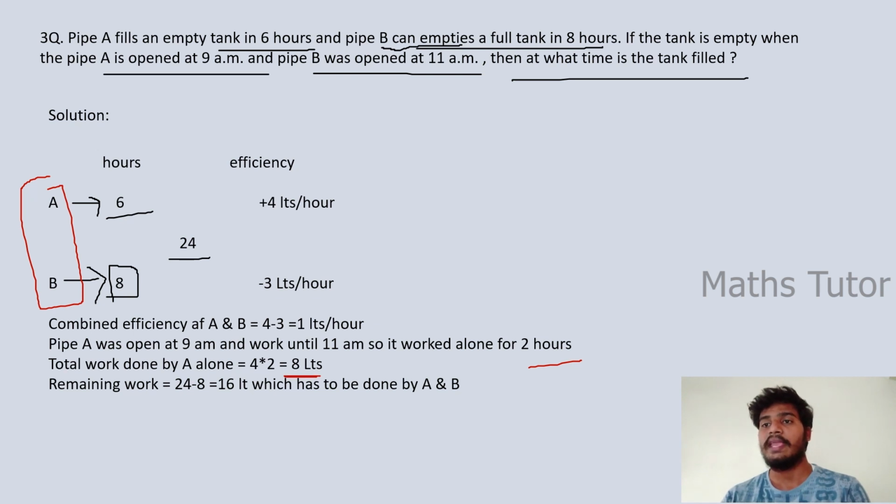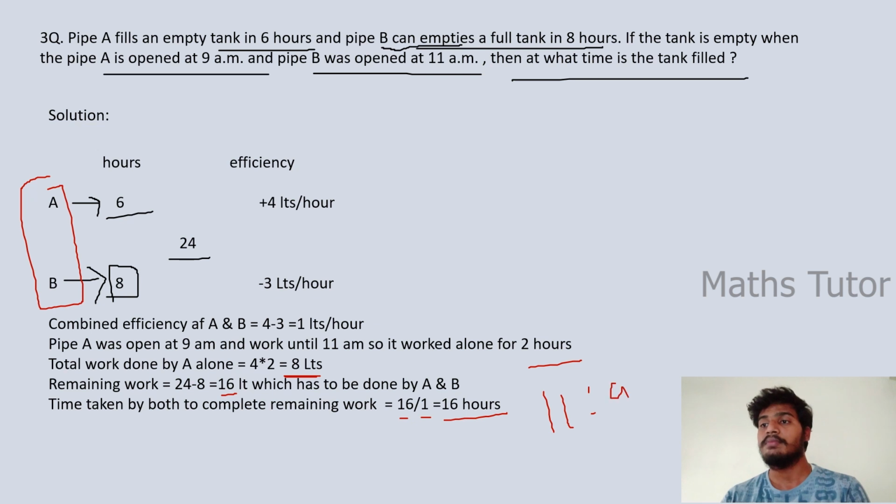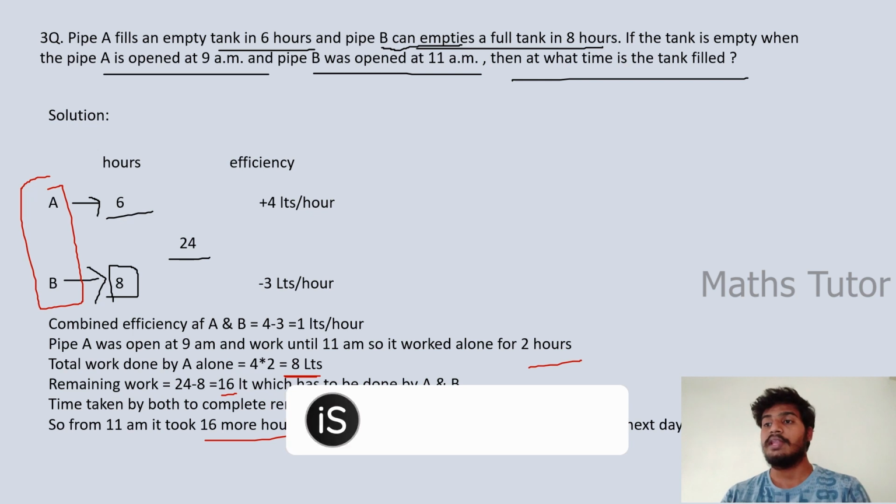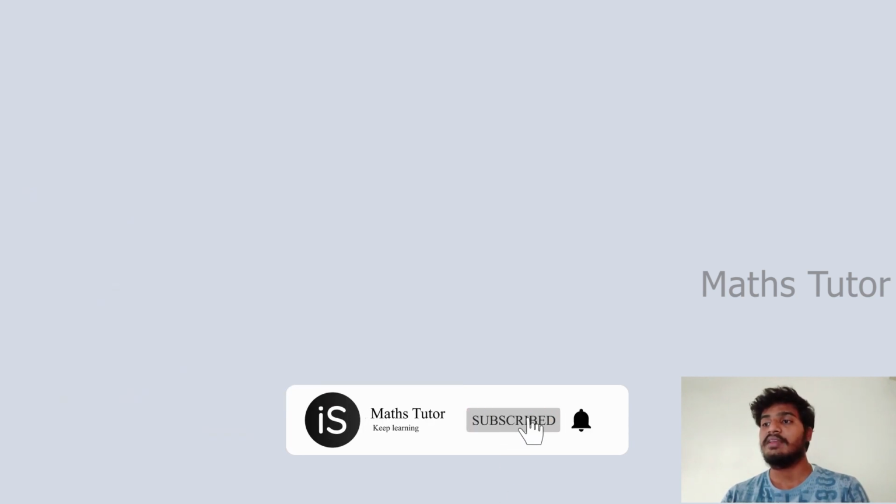The 8 liters was filled by A alone, and the remaining amount is 24 minus 8, which is 16 liters, which has to be done by A and B. The time taken by both to complete the remaining work is 16 divided by 1, so 16 hours. From 11 am it took 16 hours to complete the remaining work. So the complete work will be done at 3 am the next day.